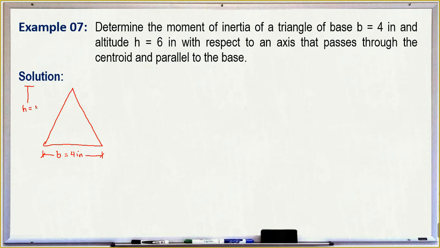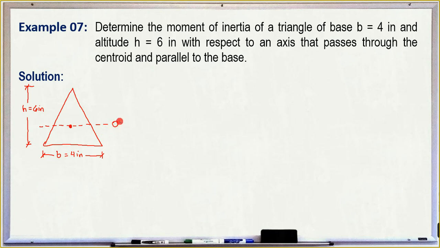Of course, we already know that the centroid of a triangle is 2/3 away from the vertex and 1/3 away from the base. So somewhere right here. So this is its centroidal axis. So centroidal axis O. We just denote it as letter O.